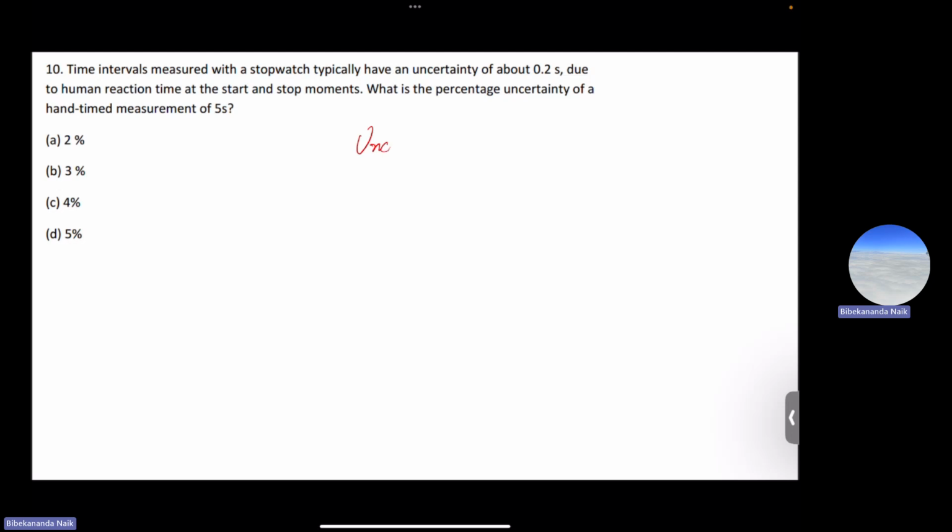So the uncertainty in time measurement is 0.2 second, that is delta t.